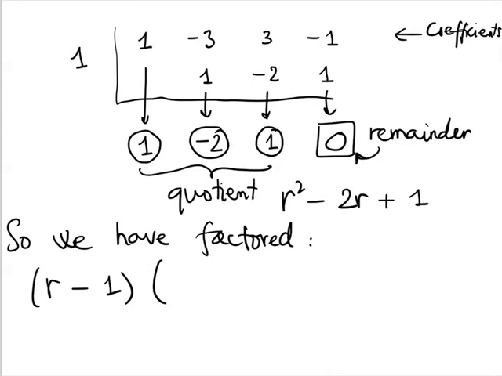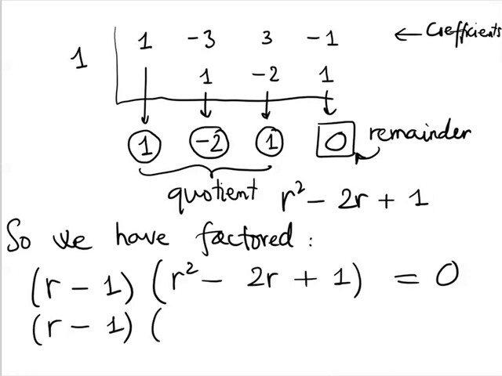And then we have the quotient, r squared minus 2r plus 1 equals 0. We factor again. It turns out we have (r - 1) and another (r - 1). So we have 3 values of r, but all of them are 1, repeated 3 times.